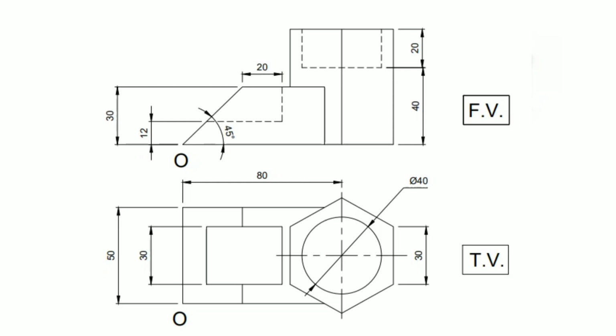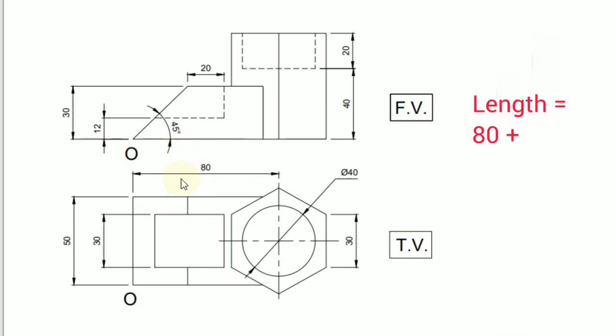So very first of all we will try to calculate all these overall dimensions. If we see the length of the total object, the 80 mm length is given from origin point towards the center of this prism itself. After this center line, how much distance it is going on the right hand side till this vertical line is not given, but if we draw the circle of 30 mm radius, because the size of hexagon is given as 30 mm, we can see the radius of the circle would be 30 mm.